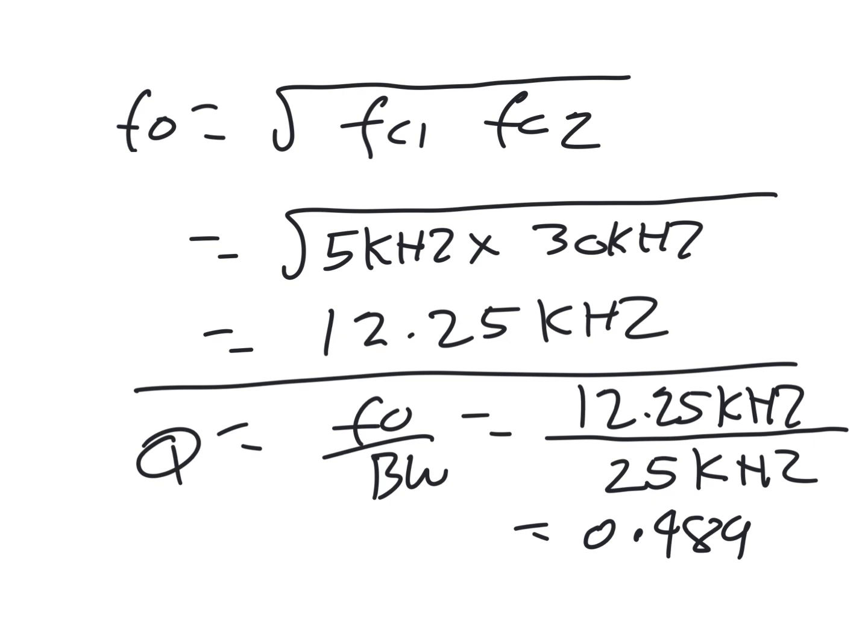So you can see then that as we keep increasing the bandwidth, then the quality factor number goes down, and it becomes less selective.